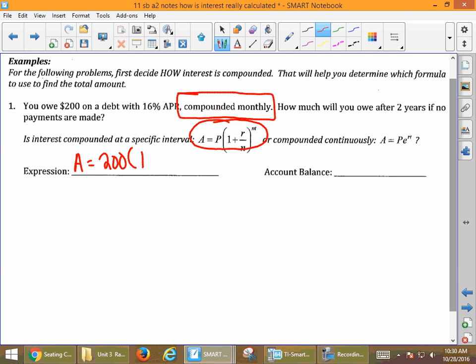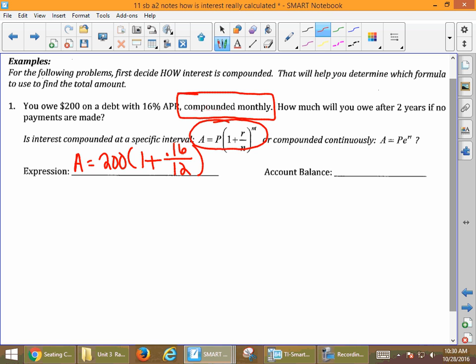And then it's going to be increasing. 1 plus our percentage, 16%, which is 0.16. Compounded monthly, how many times a year are we calculating? Monthly, it's going to be 12.